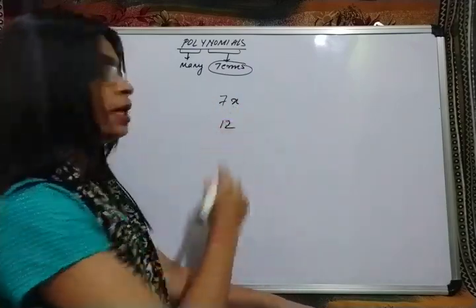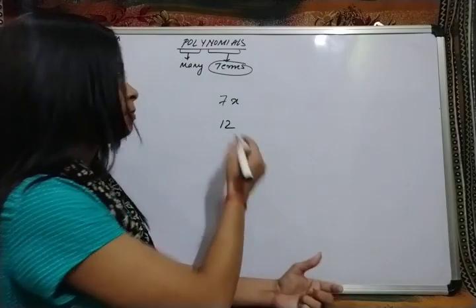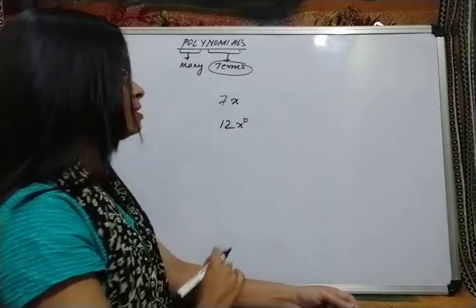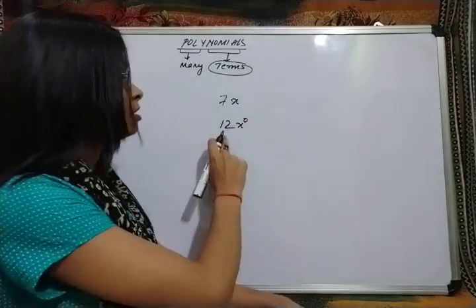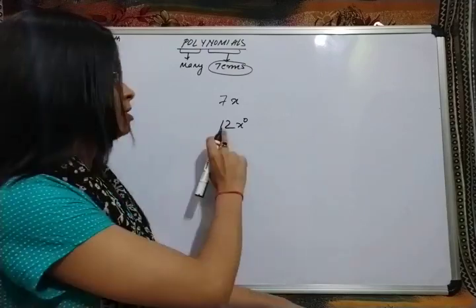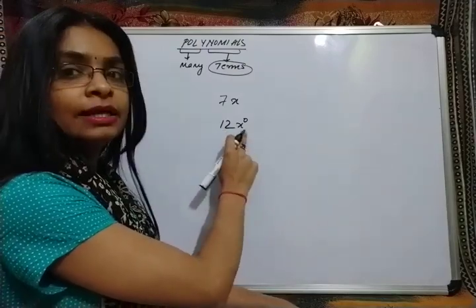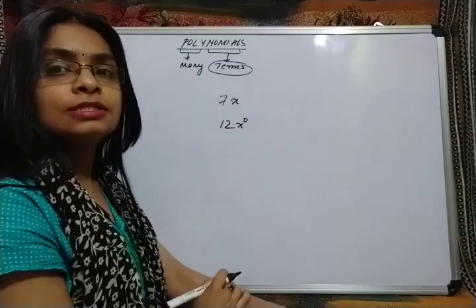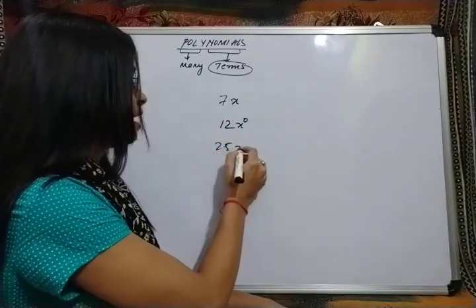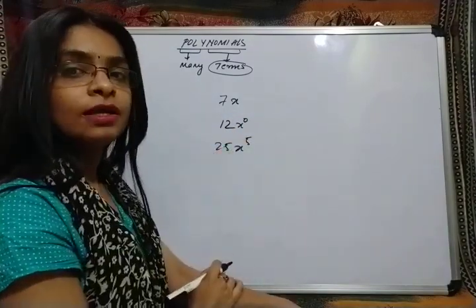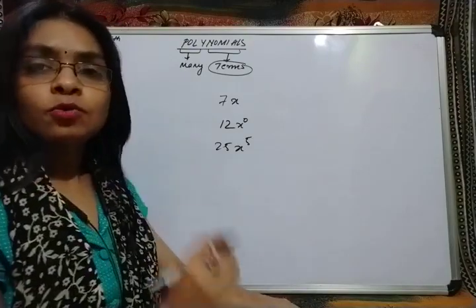If I write only 12, a constant is there, but this means along with this, that is x to the power 0. So this is also a term. This is constant, this is variable, its product and power is 0. If I write 25x to the power 5, now this is also a term. So what is a term?